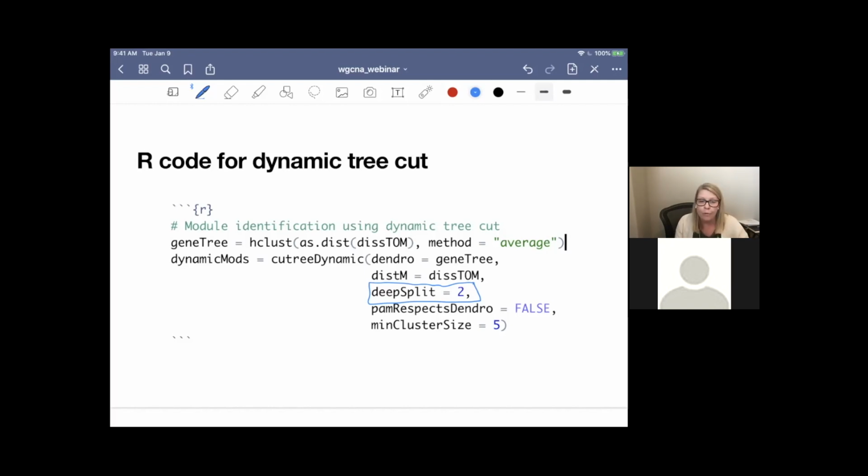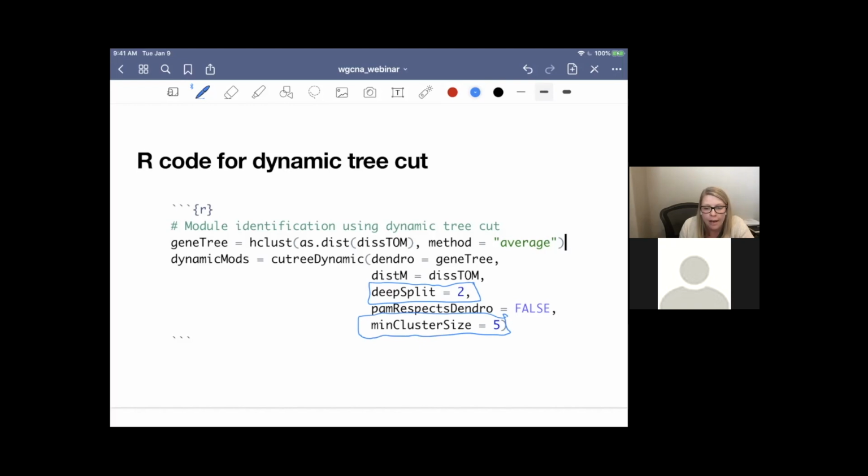If you're more interested in the biological implications of some of the bigger modules and want to be able to do some of the downstream analyses that require larger numbers of genes, then you'd want to do a deep split closer to 0. And the other thing that there's lots of opinions on in the field is this final parameter about a minimum cluster size.